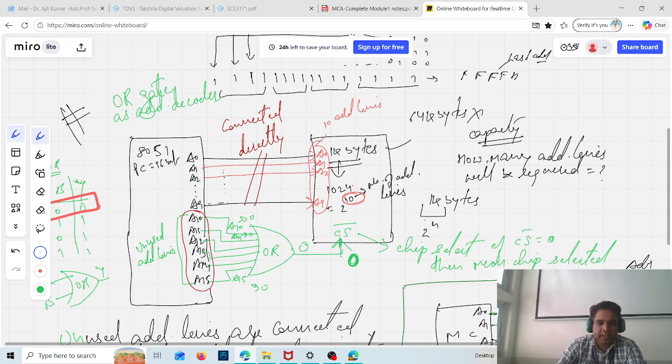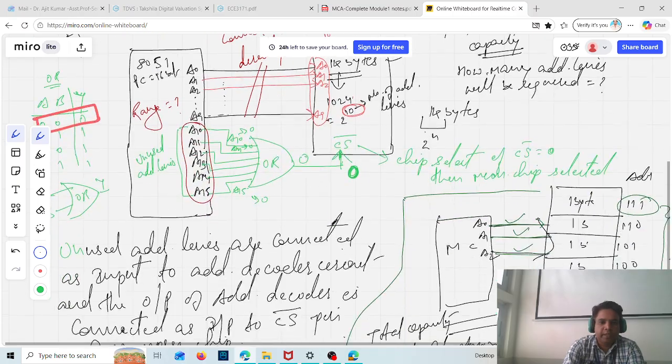Can we find the range of address for this case? Let us try to find the range of address.